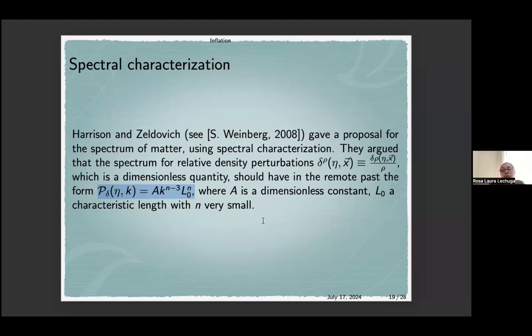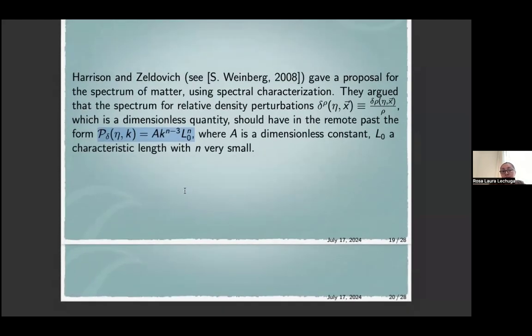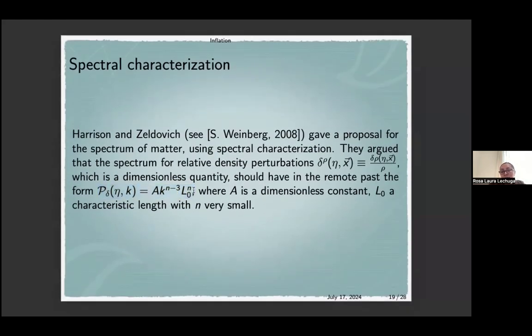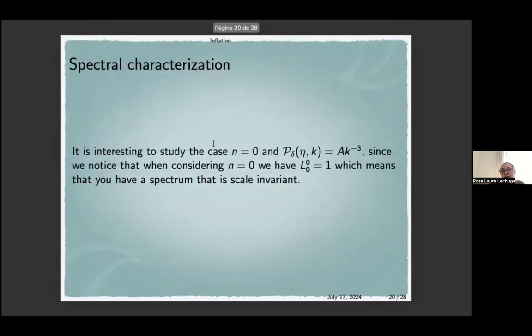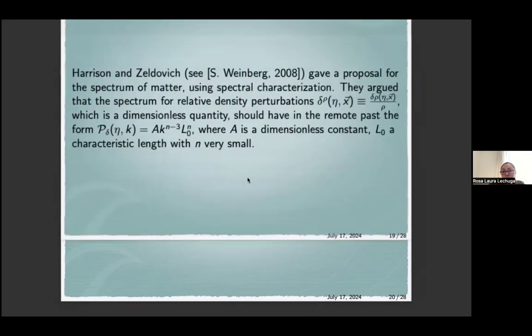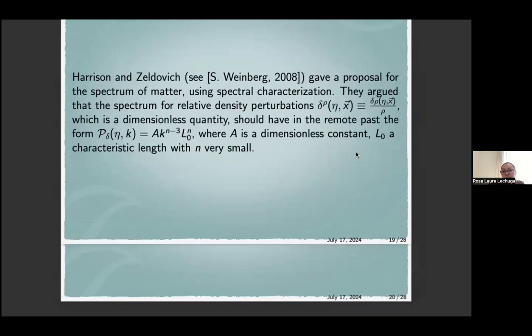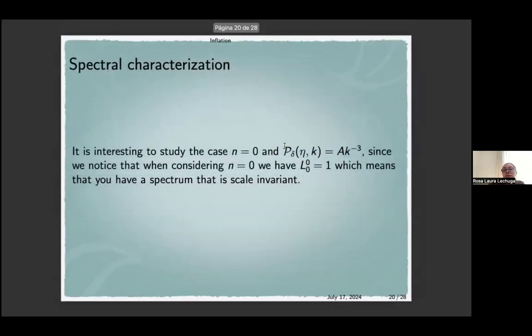In that sense, they tried to figure out what could be a possibility for this quantity without the dependence on the scale. And they realized that when studying the particular case of N equal to 0, they get this spectrum. So for that case, they have this quantity and they get this part for the spectrum.